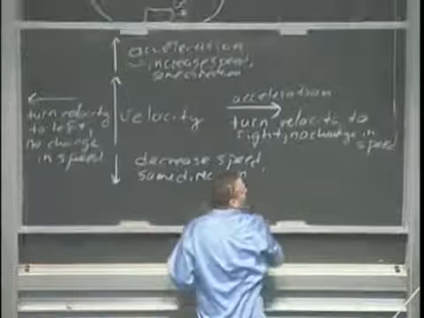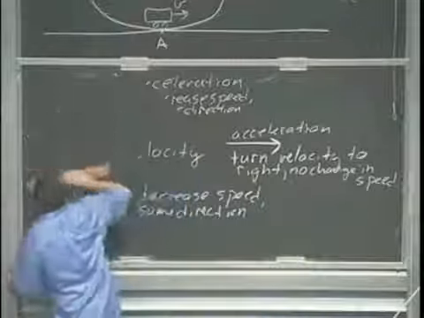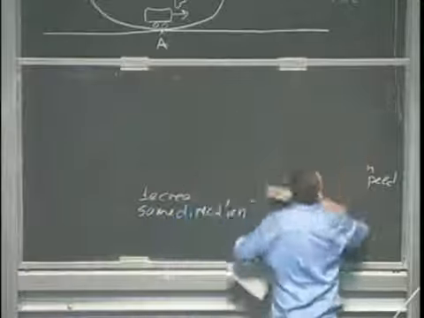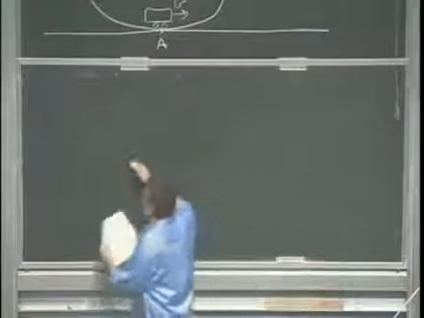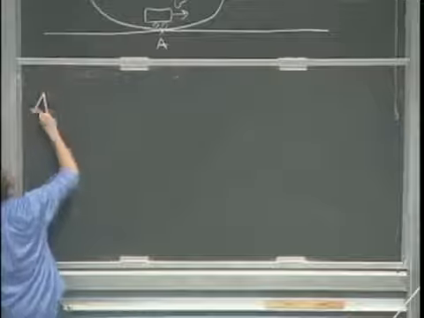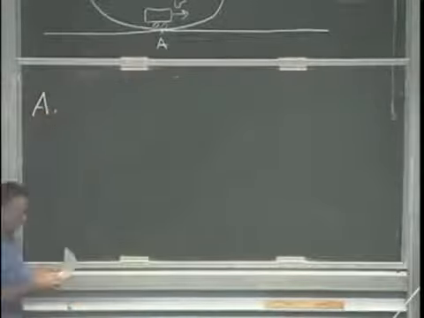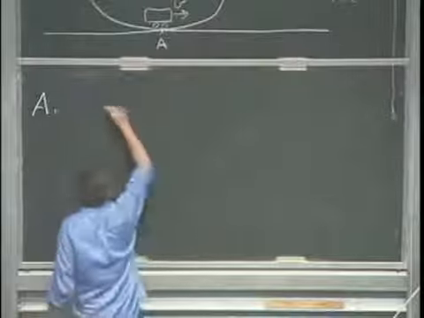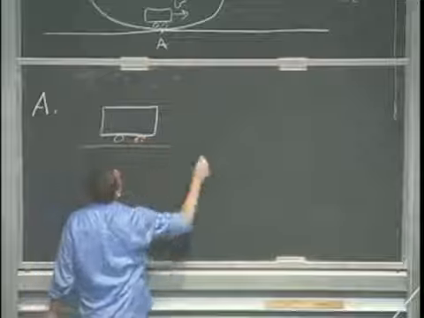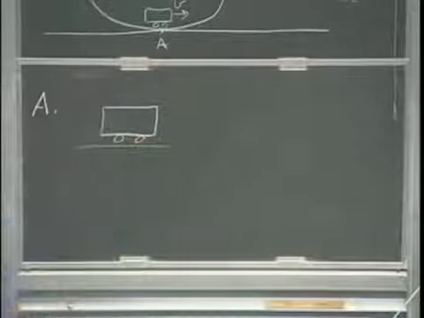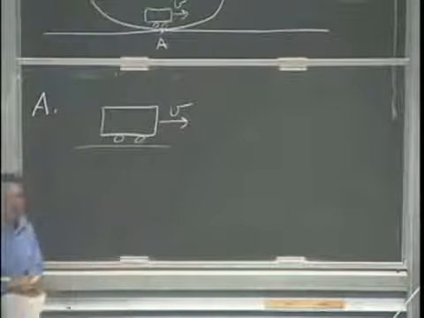And let's think about the accelerations. Okay, so let's start off at the bottom point. We're at point A here, and let's draw this car again. There is the car moving along the bottom of the track. It's got some speed going off towards the right.